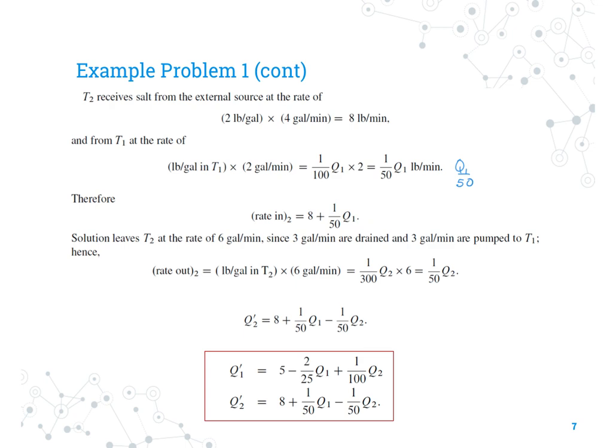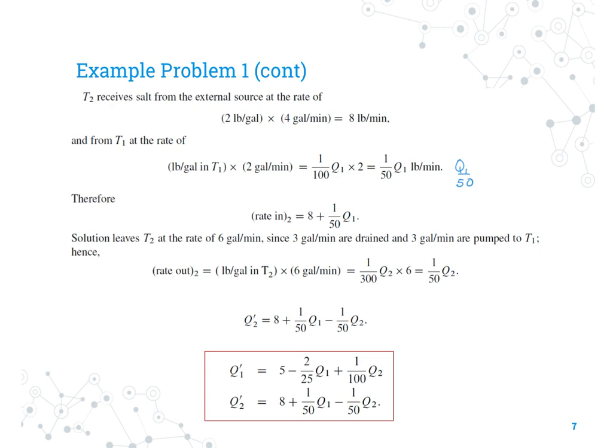And now, much like in tank T1, tank T2 has solution leaving at a total rate of 6 gallons per minute because we have 3 gallons per minute that are being drained and 3 gallons per minute that are also being drained into T1. So not just drained specifically from the tank, but also moving into T1. So our new rate out for tank T2 would be the amount of solution in T2 at any time, which we don't know, we'll call it Q2, over the amount of solution in the tank, which is 300 gallons.